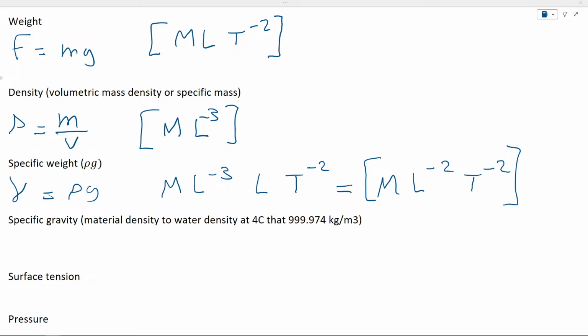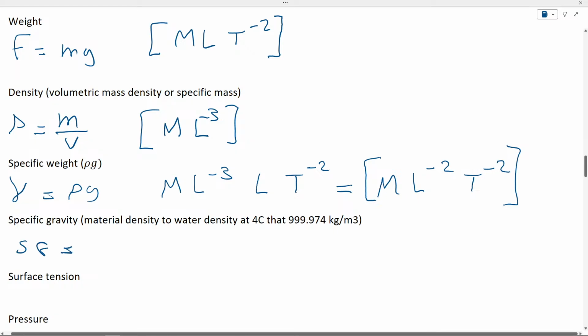Specific gravity. What is the specific gravity? It is the ratio of the density of a substance to a reference density, which is usually water. We generally write it as the density over the reference density, usually water.